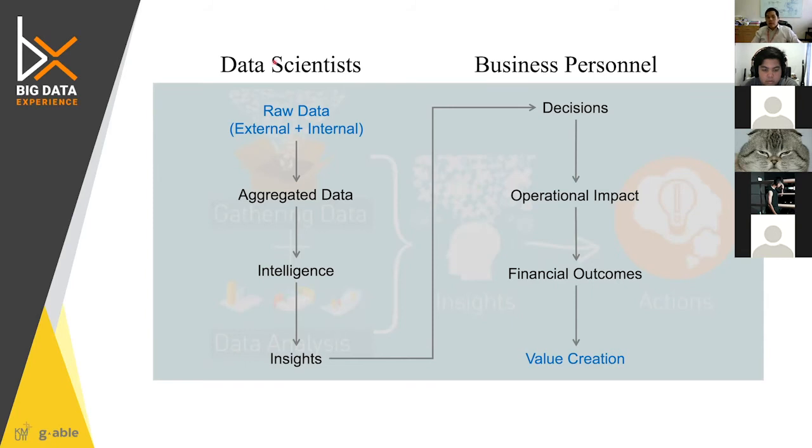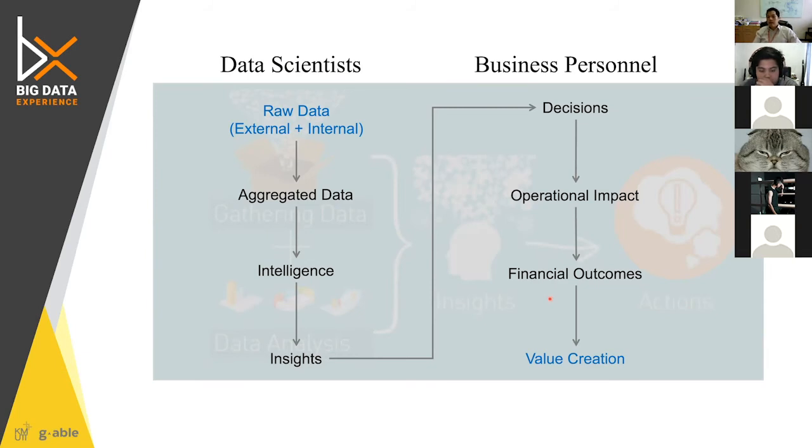Data scientists create a model that ranks customers automatically, based on maybe the chance of sales of the product. Then business personnel can use those lists to make decisions, to call, and to create the operational impact, to create the sales, and then you would have the financial outcome and the value later on.